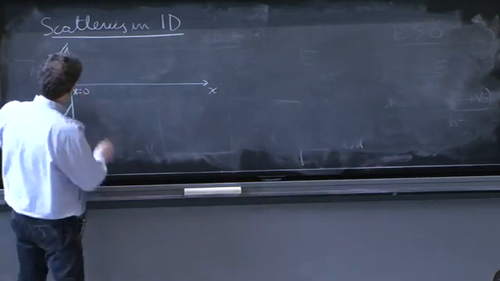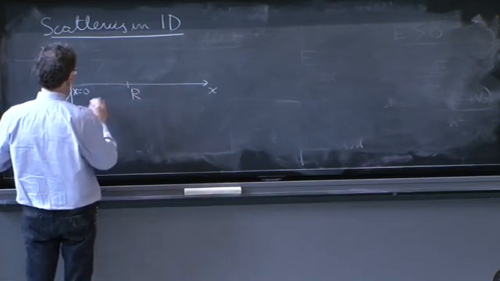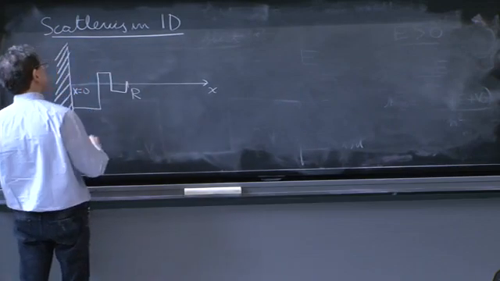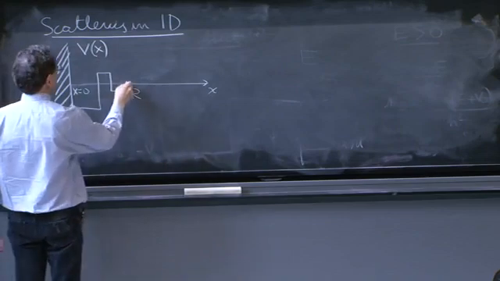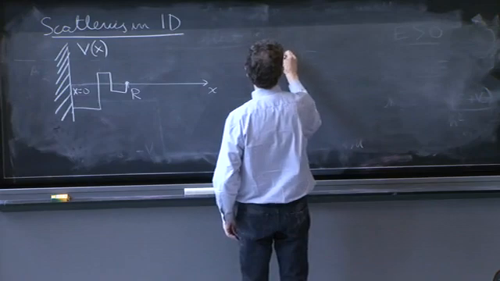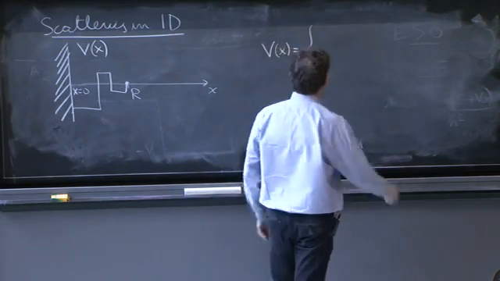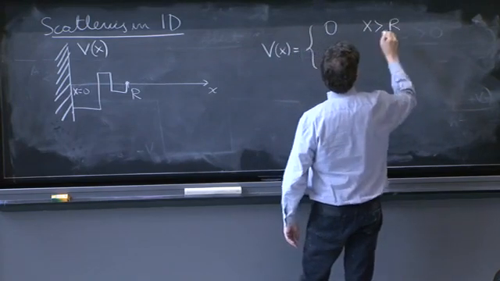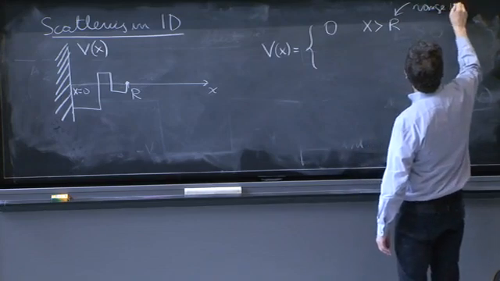On the other hand, in here, up to some distance r, there could be a potential, v of x. So we will have a potential, v of x, with the following properties. It will be identically 0 for x greater than r, which is called the range of the potential.